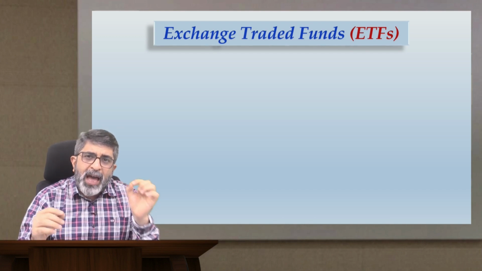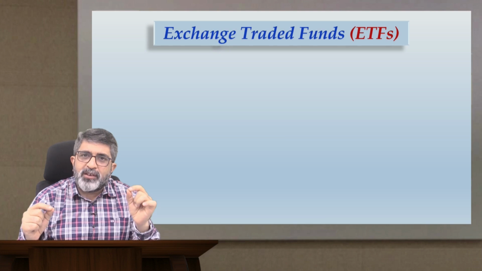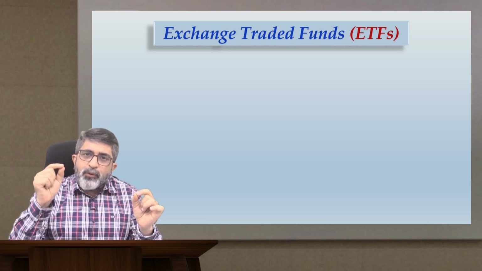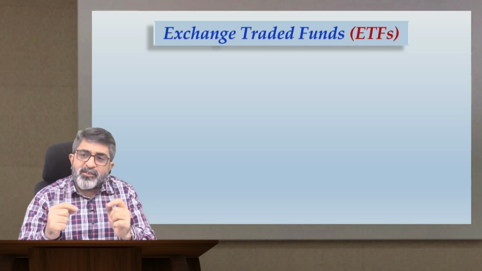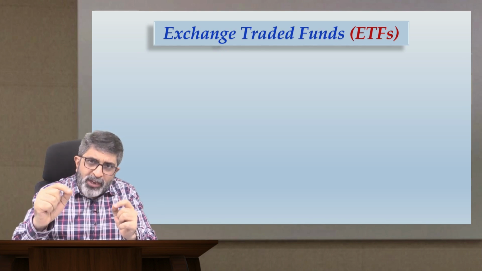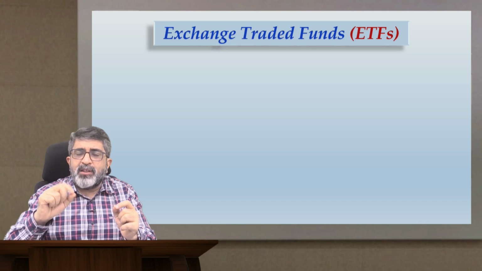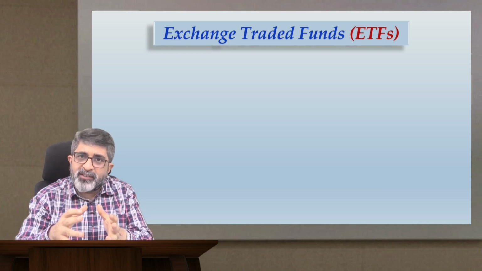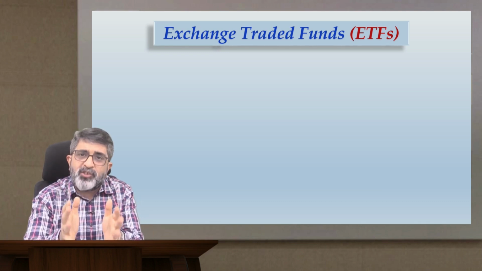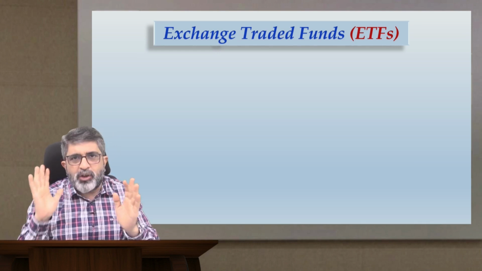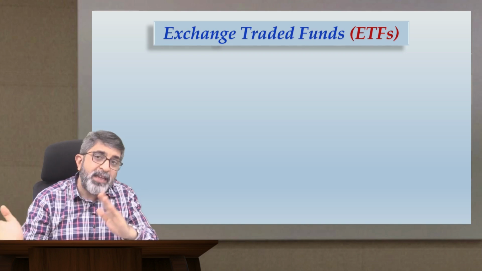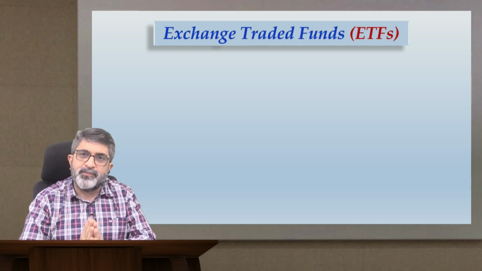So what happens with an investor in the market? An investor who would want to trade in ETF can just purchase and sell the ETF shares or ETF units in the stock exchange, because these are securities that are traded on the stock exchange. You know it very well, we have learnt it in earlier parts.